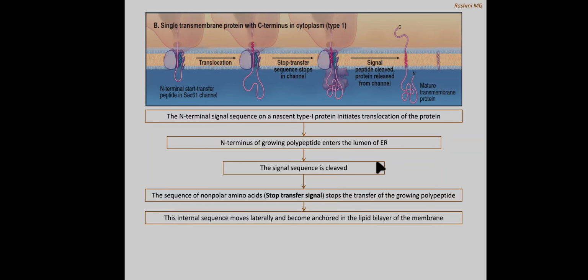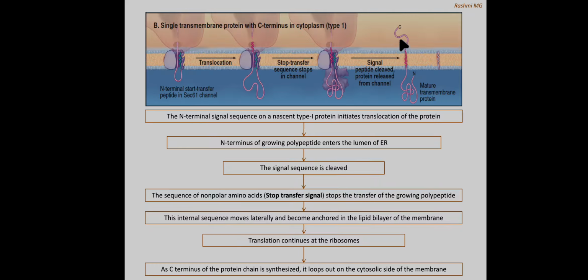Next, this integral sequence moves laterally and becomes anchored in the lipid bilayer of the membrane. Translation continues until the C-terminus is reached. After the C-terminus of the protein chain is synthesized, it loops out on the cytosolic side, making the protein embedded inside the membrane.